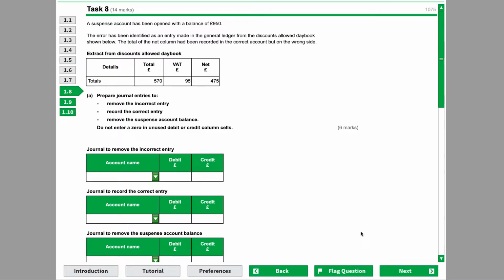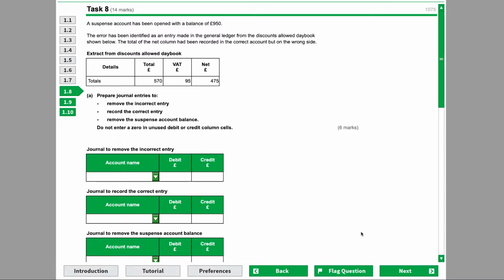Another way to think about this is that the original entry should have been a debit entry, but was accidentally put in as a credit. Therefore, the system would automatically debit a suspense account in order to make up the account's balance.